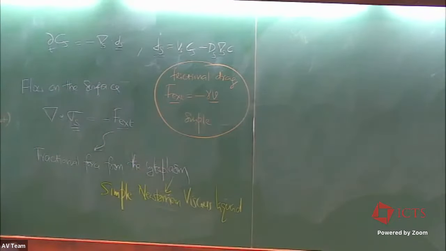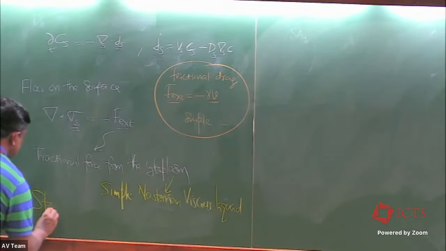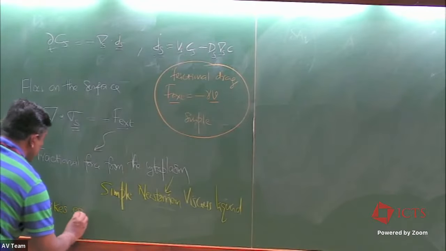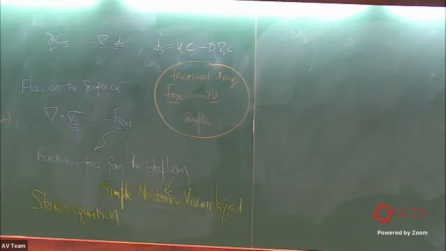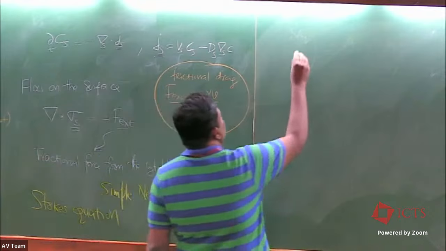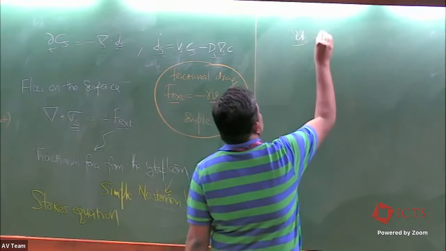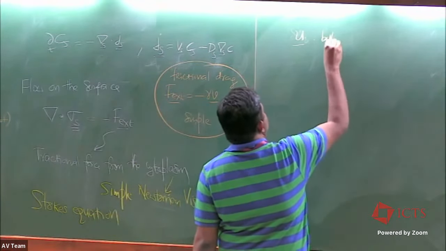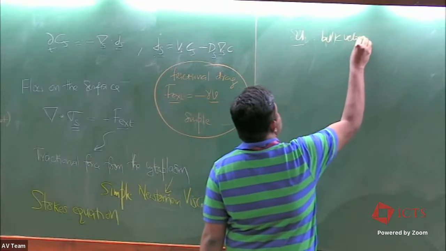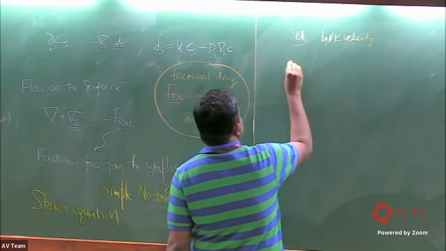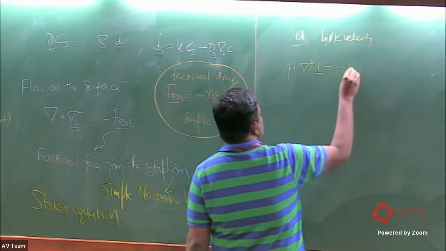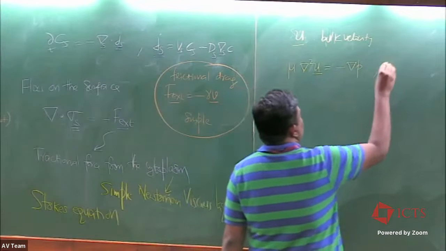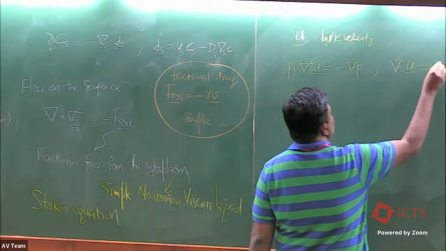Which means it satisfies the Stokes equation, the Navier-Stokes equation with the inertial terms dropped in the limit of low Reynolds number. And so therefore you have an equation for the bulk velocity, the cytoplasmic velocity, and the bulk velocity field is incompressible.